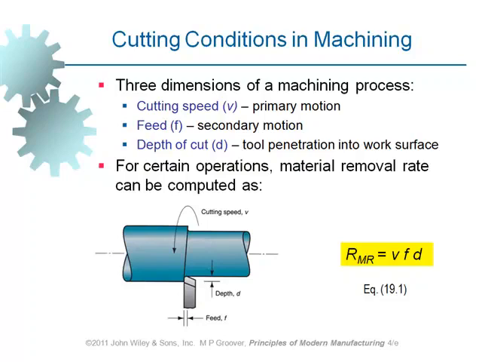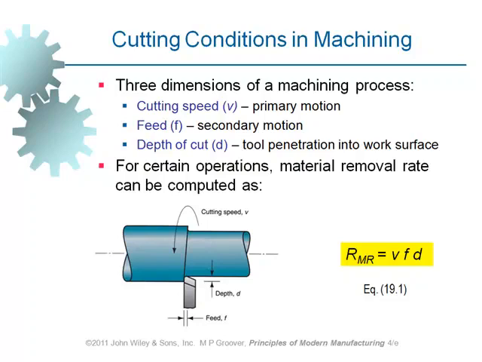And as we can see in this equation, which is already familiar to us, this is what we had in the last lecture. Material removal rate, which is an indication of the efficiency of the operation, is being decided by multiplication of these three parameters to one another. So these are the most important parameters deciding the success and efficiency of any machining operation.